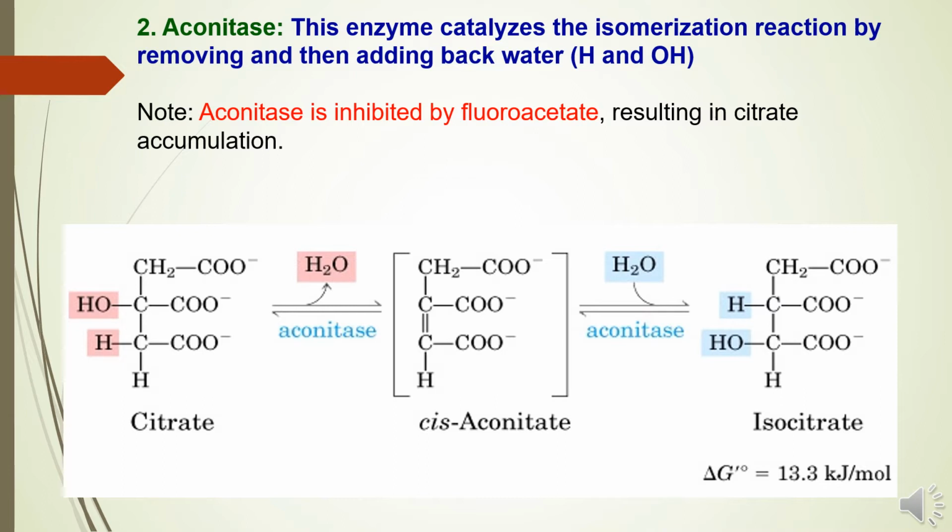and it takes place first by dehydration of citrate into cis-aconitate, and then rehydration of cis-aconitate by Aconitase enzyme into isocitrate, and this step results in rearrangement of some groups of the molecule.